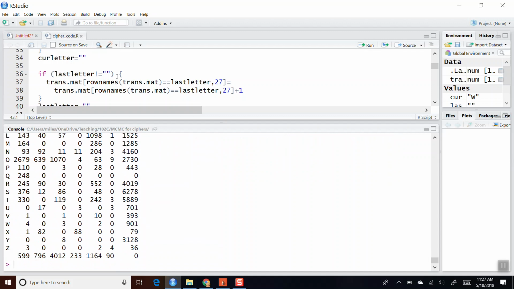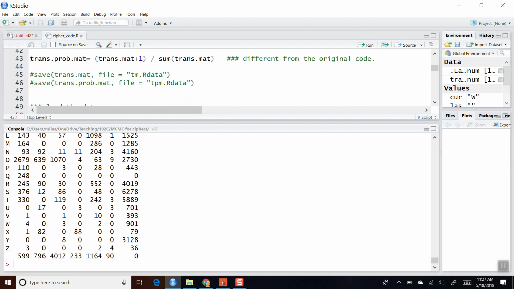Okay, so anyway, we're going to take the sum of this and turn them into probabilities, just by taking each cell and dividing by the sum. However, if I did that, these cells with zeros would have 0 probabilities, which is a problem because if that 2-letter transition appears in our decoding, it's going to say it has a 0 probability, and that's going to zero out the whole thing, because as soon as you multiply by 0, it zeroes it out.